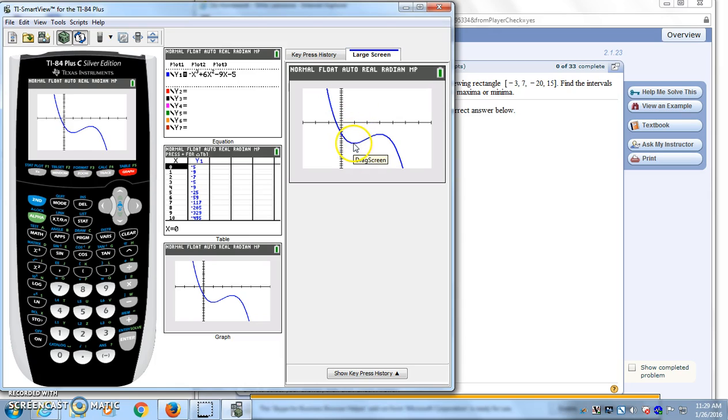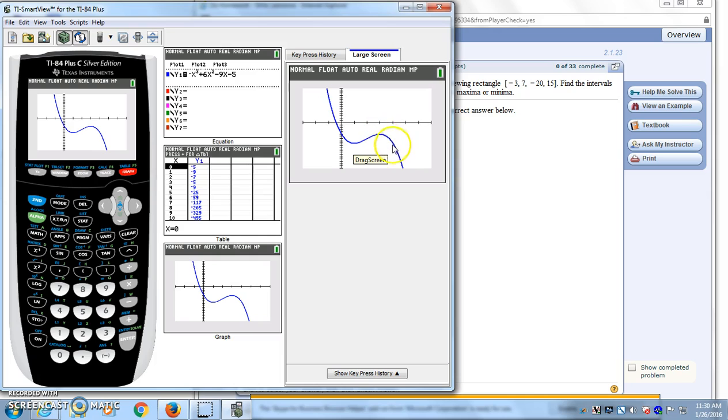And then it looks like it turns around and starts going up. So from 1 to 3, it's increasing. And then at 3, it starts going back down again. So from 3 until the right-hand side of the graph, which is positive infinity, it's decreasing again.